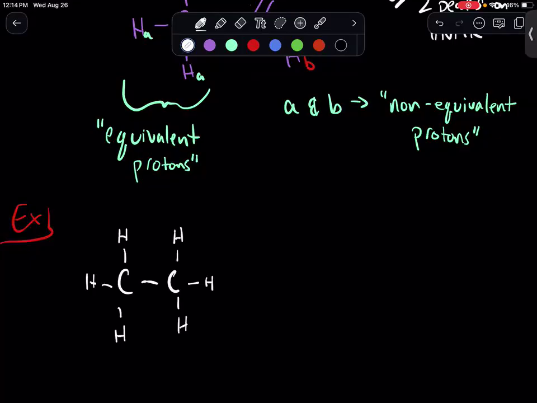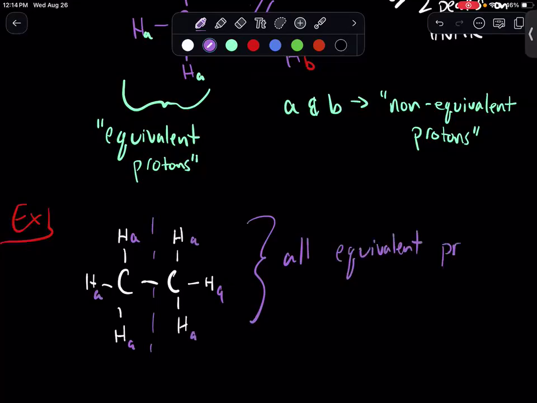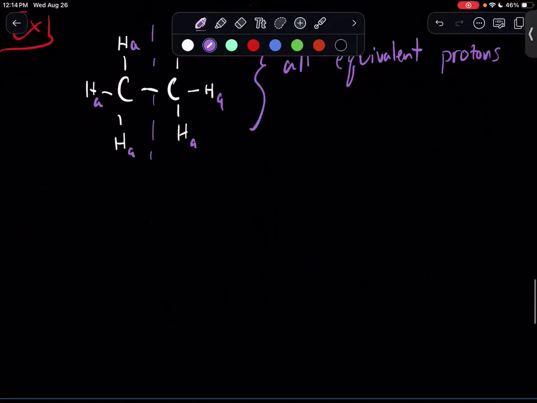So this is actually a case where we can use a plane of symmetry to see that all of these are equivalent protons. So we would just see one peak, all equivalent protons. Each hydrogen has exactly the same bond as the others.